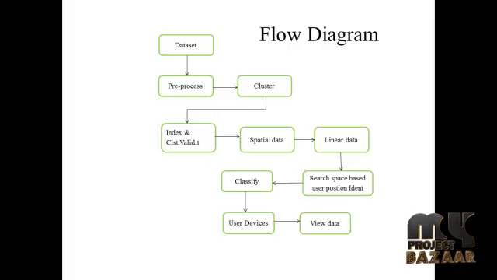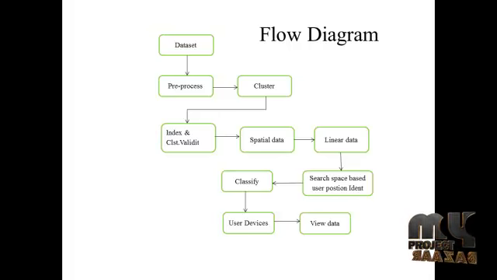The next step is pre-process, which means checking for any null values in the data set. If any field is null, that particular data is removed. This process is called pre-process.